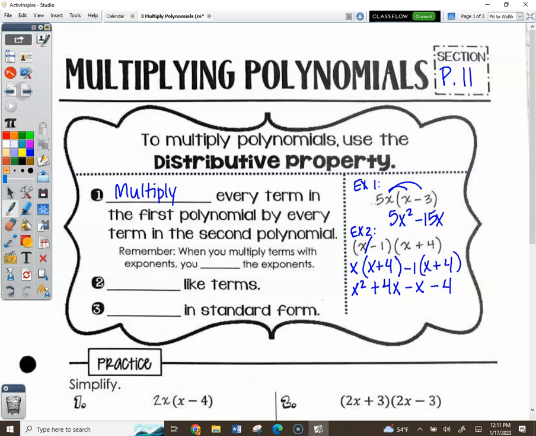Remember, for them to match, they have to have the same letter, same exponent. So the only ones that actually match would be, in this case, the positive 4x and the minus x. What does that become? 4 minus 1 is 3. So I'm going to bring this other stuff down. We got x squared plus 3x minus 4.